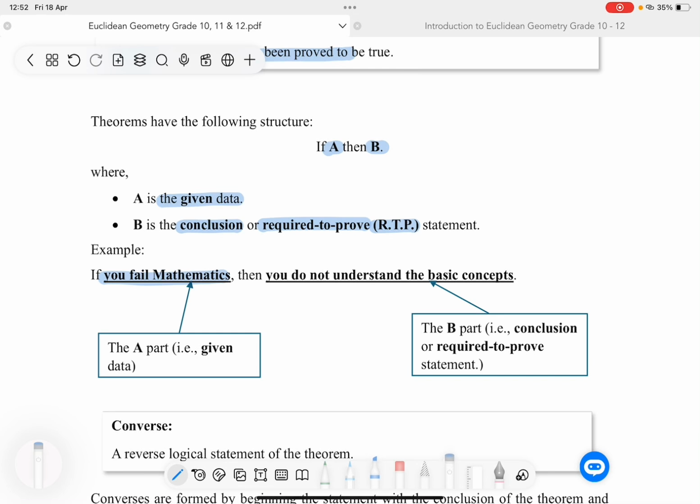Then the second part, the B part, is what we can conclude: for you to fail mathematics, it means that you do not understand the basic concepts. And we might need to prove the B part on the basis of the A part.